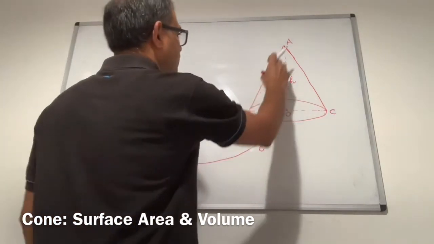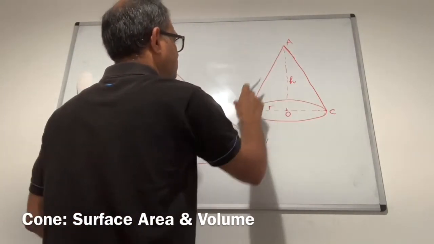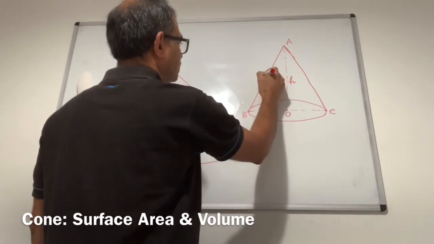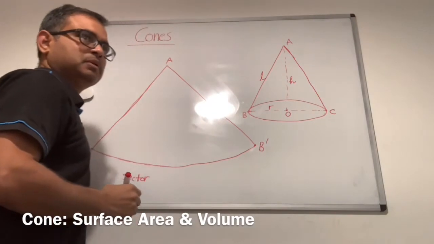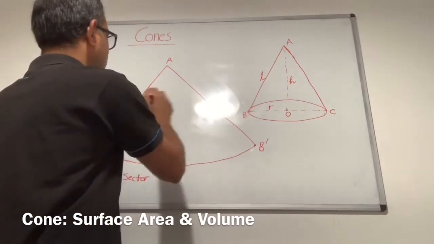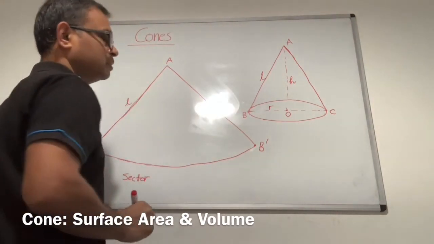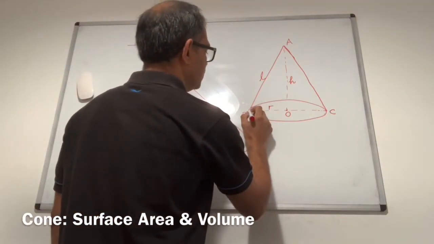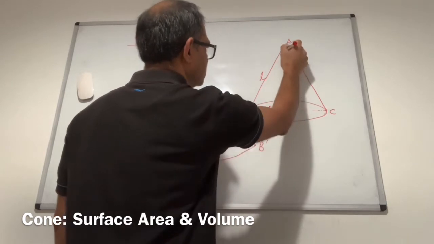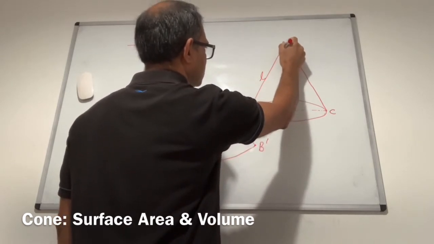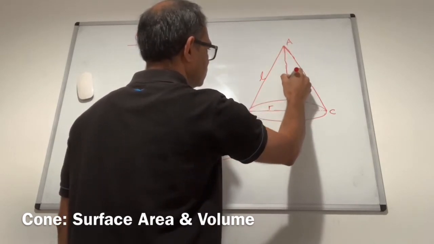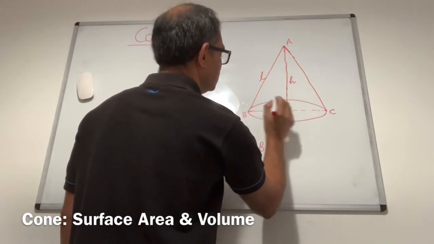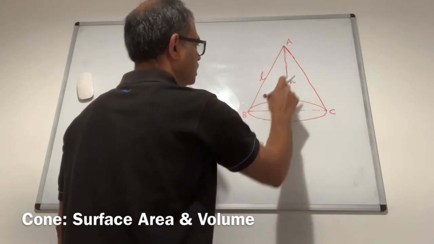This slant line which we are seeing is commonly denoted by L. And this L can be calculated by considering a right angle triangle where the radius is r and the height is h.